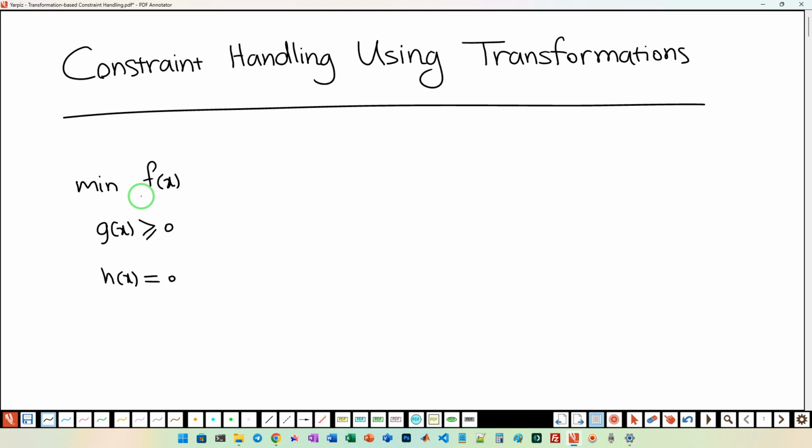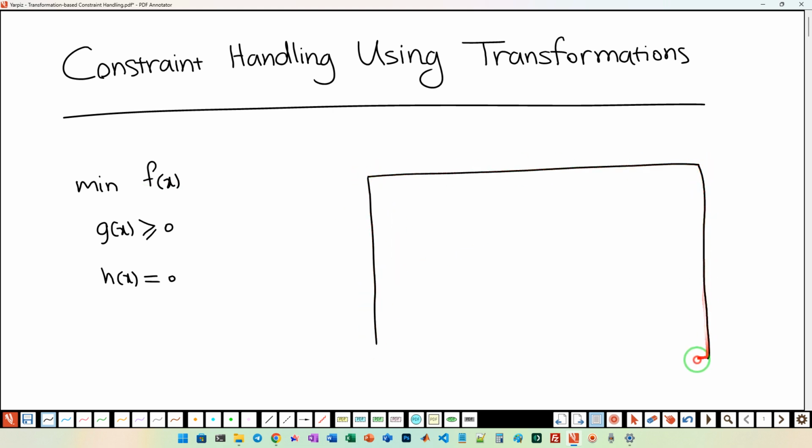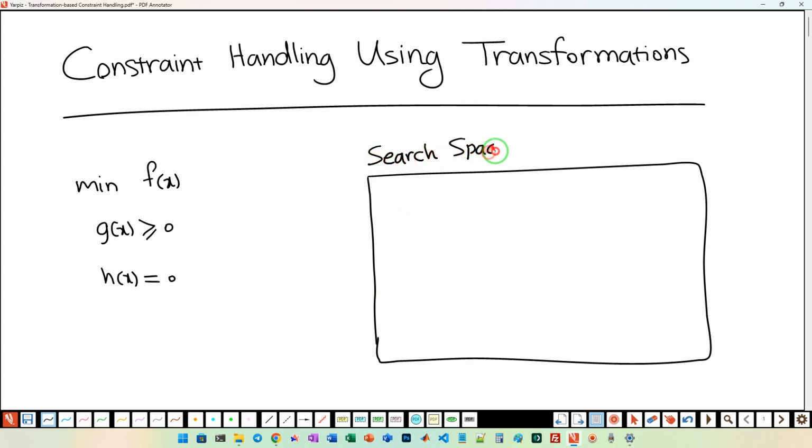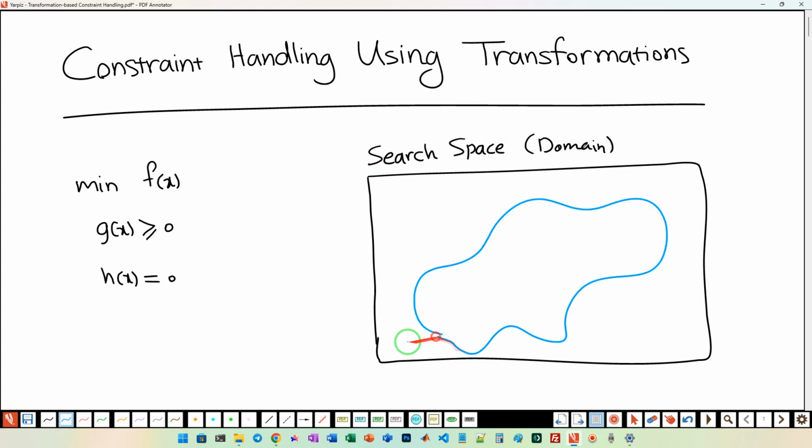We have different ways to handle these constraints. For example, if this is our search space, the set of all solutions, or domain, we are interested in finding solutions in this feasible space.